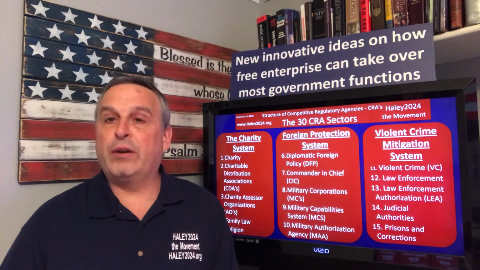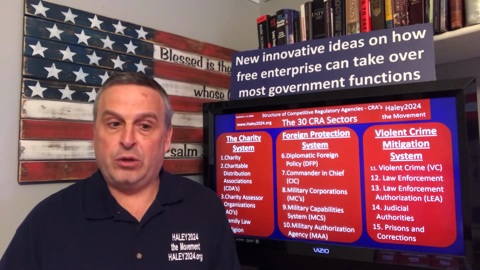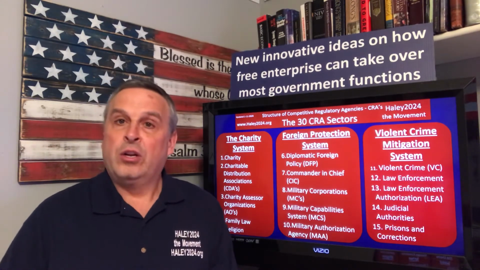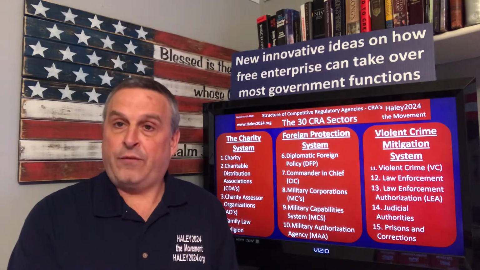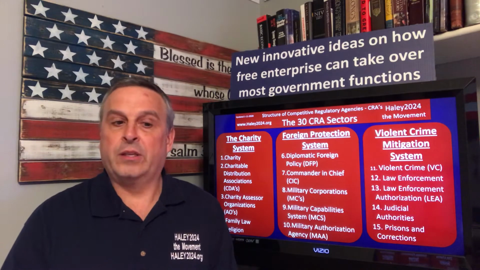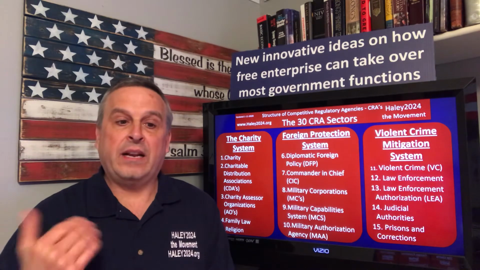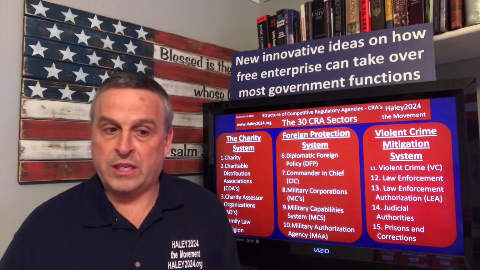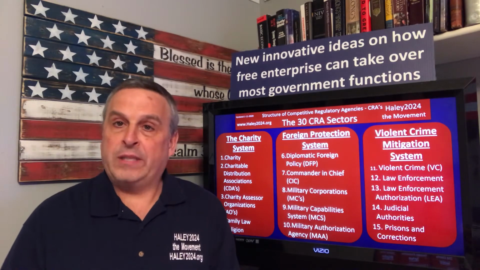Let's go over the 30 real quick. We've got 5 in the charity system, that include family law and religion. Again, we don't regulate religion, and that's there for fighting for religious freedom and organizational purposes. Charity, the funding mechanism for charity, and the caseworkers, the assessor organizations. Family law.